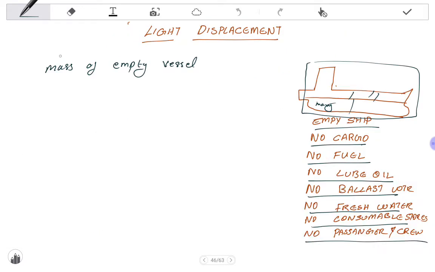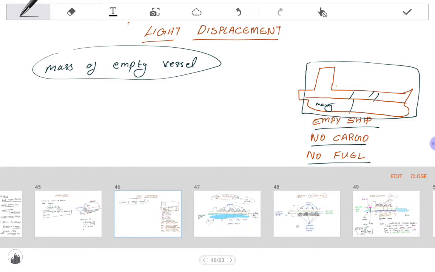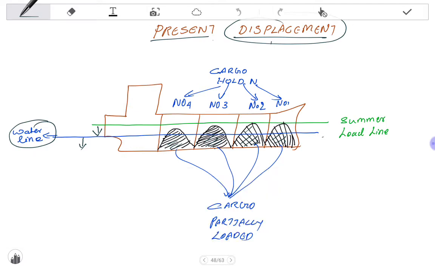So the mass of the empty vessel plus whatever is present on the ship gives the present displacement of the ship. Present displacement is equal to the sum of light displacement plus cargo and other substances on board.